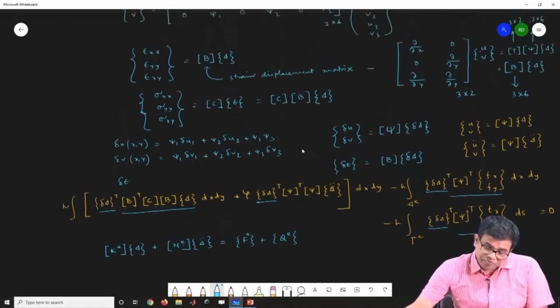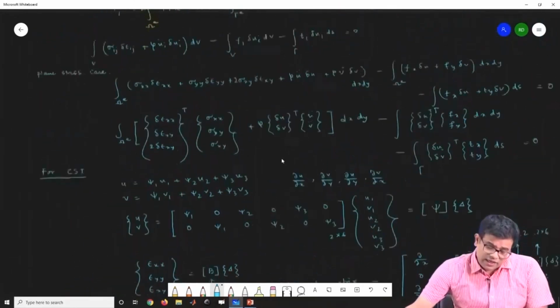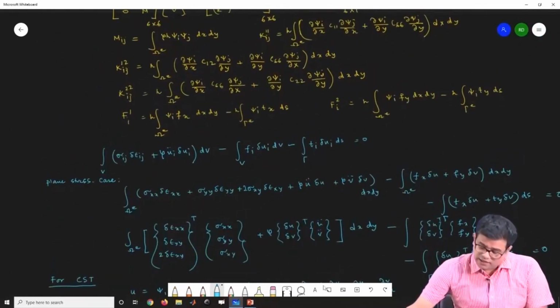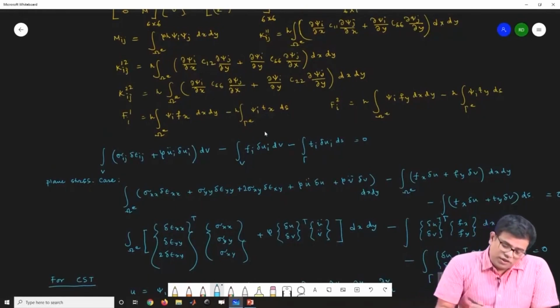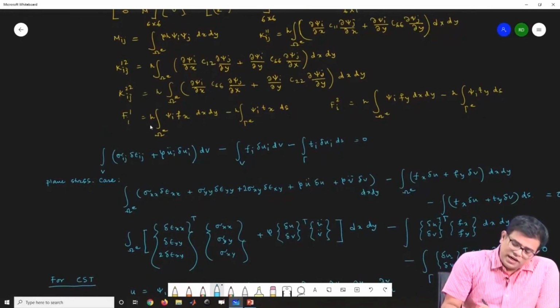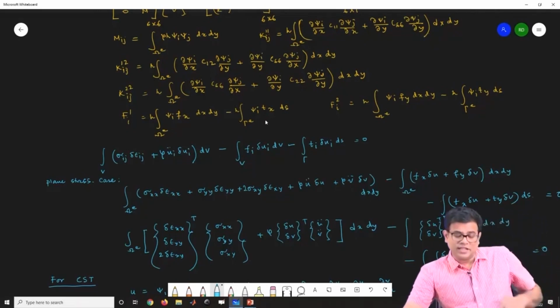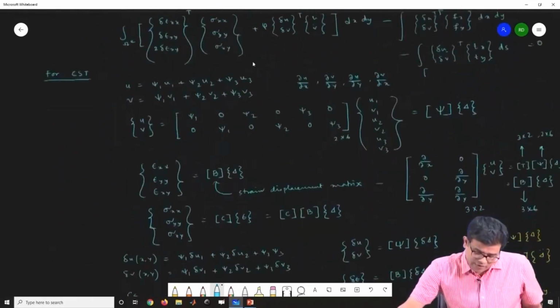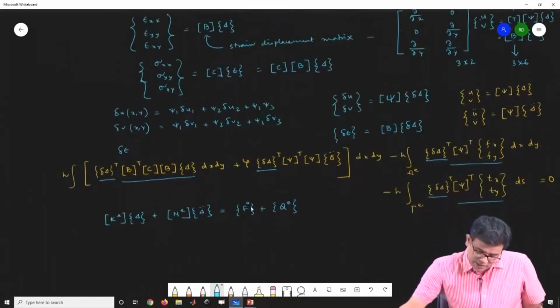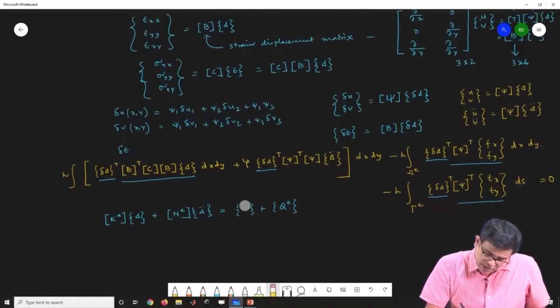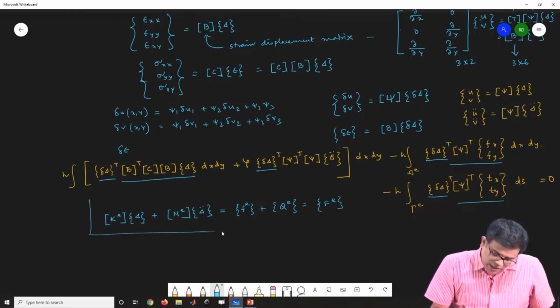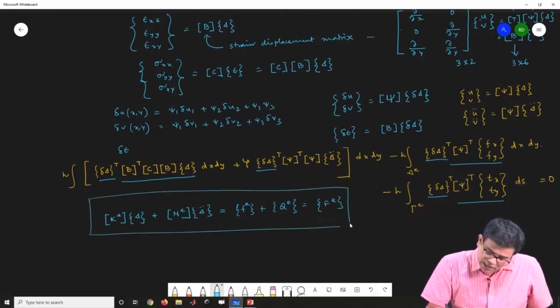Now if you look at this equation and the matrix equation, it is the same. Here I have divided it into two parts, one is small f and capital F, and Q. So here I have written it in the same thing. Let me call this whole thing Ke, and this whole thing Fe. So this is my governing elemental equilibrium equation for the dynamic case.